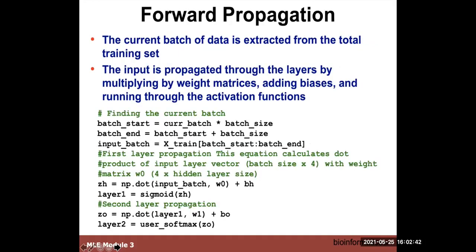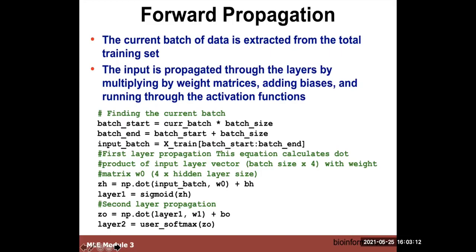So this is the meat of the neural network. It's the forward propagation step, which is what you saw with the perceptron, and what we saw in the video. It's what I've explained before: we'll take a batch of things, flowers in this case, and we figured out the size. We're going to do this first layer propagation where we calculate the matrix or dot product between the input vector and the weight matrix.